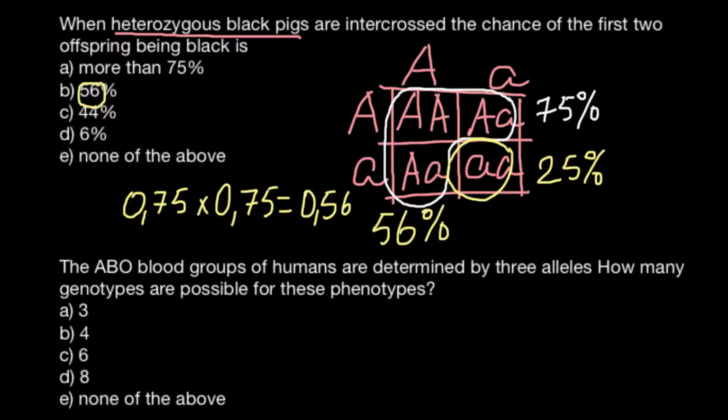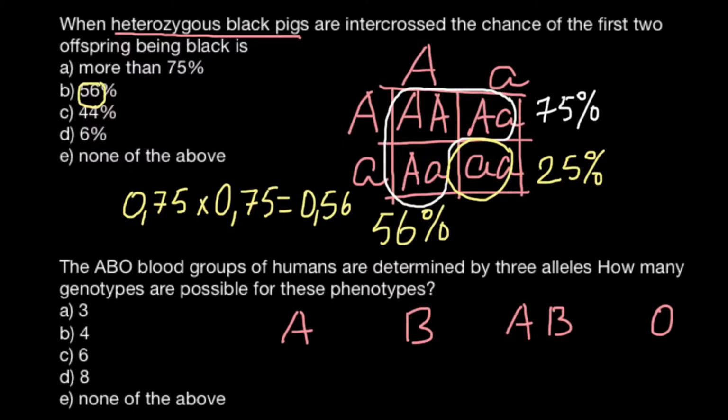The first phenotype would be blood group A, the second would be blood group B, third would be AB, and the last one would be blood group O, or phenotype O. All these blood groups we also may call phenotypes, and as you see we have alleles A, B, and O. So we have 3 alleles here, and 3 alleles make 4 phenotypes.